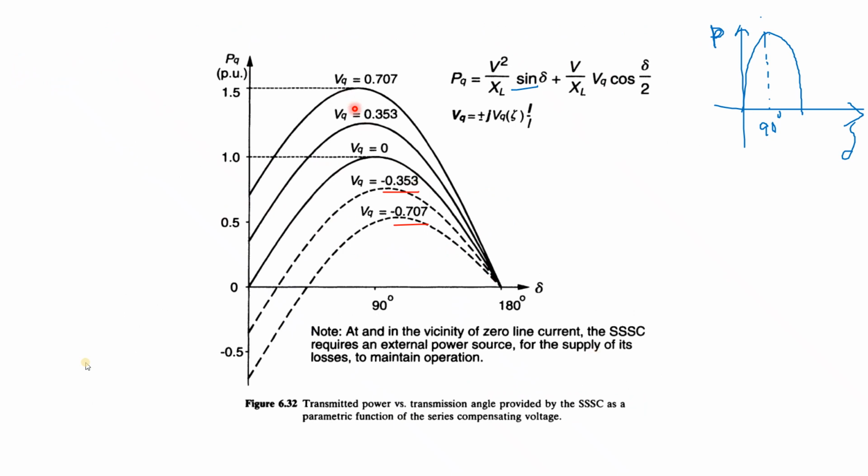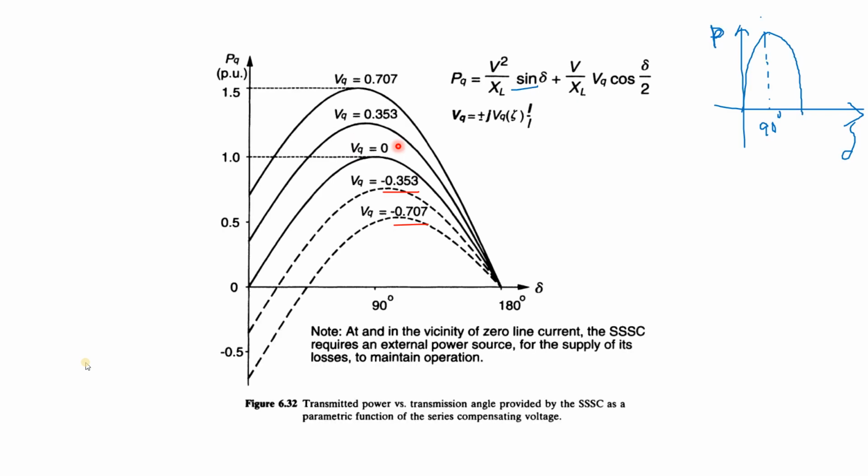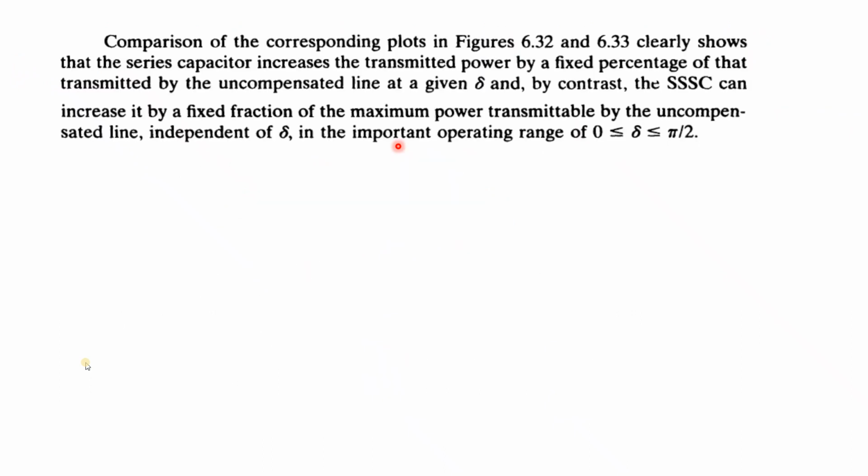That means when VQ is 0.353, we get the K value to be 1/5, and when VQ is 0.707, the K value is 1/3 for the same power, that is, for 1.5 per unit.